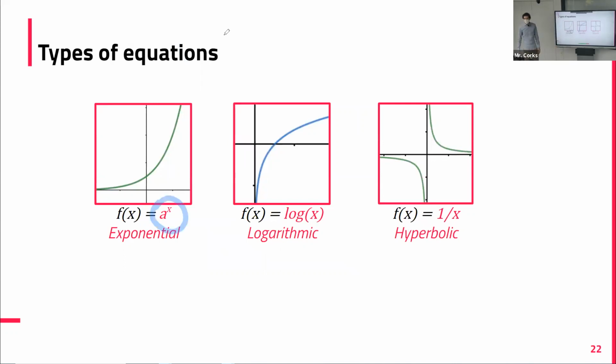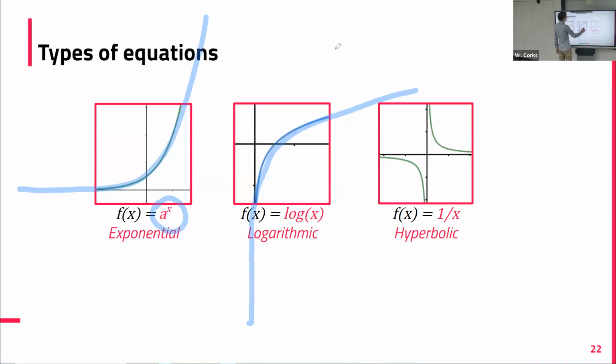Exponential functions, where the variable is in the exponent. The other ones, it was x squared, so it was x to some exponent. But here, the variable is in the exponent. That gives us functions that look like this, very shallow on one side and then just very quickly rise on the other. I mentioned logarithms briefly, where we have the opposite pattern. It's basically the complement of these exponential ones.